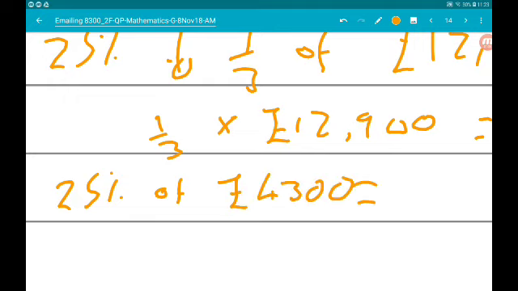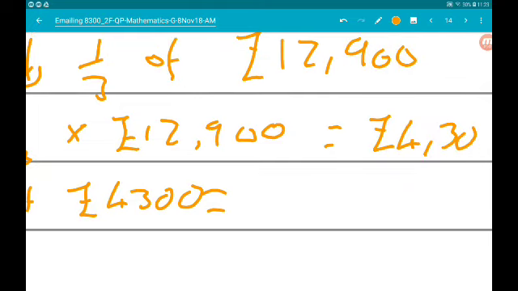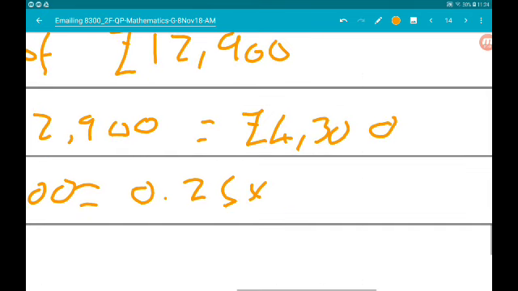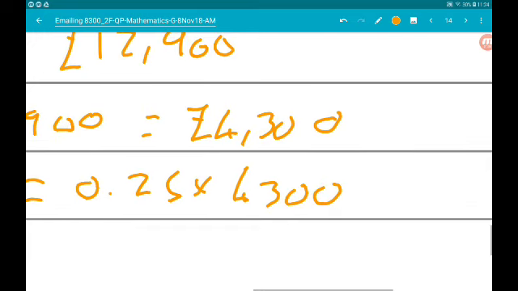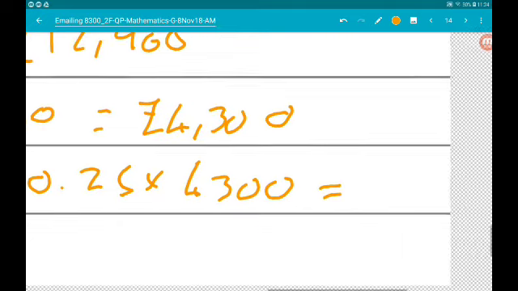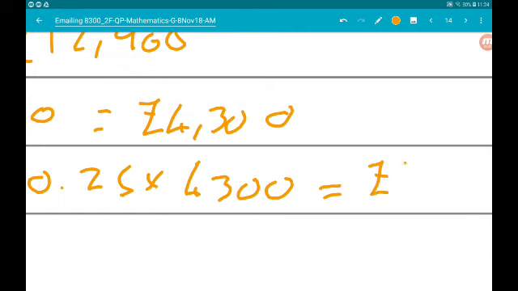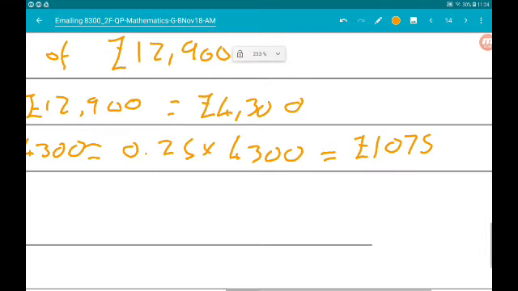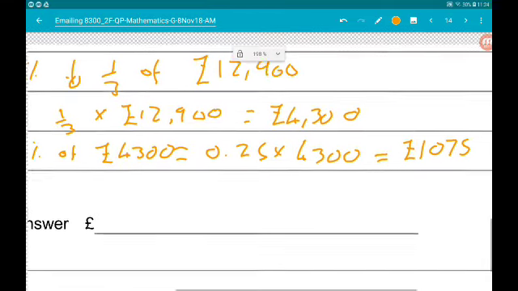Now, the way that I do that on a calculator is 0.25 times 4,300. Now that is going to give us 1,075 pounds.